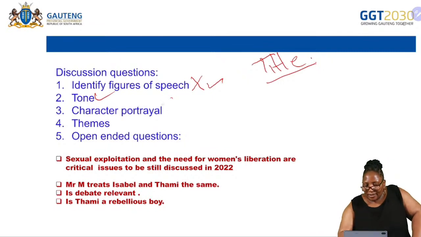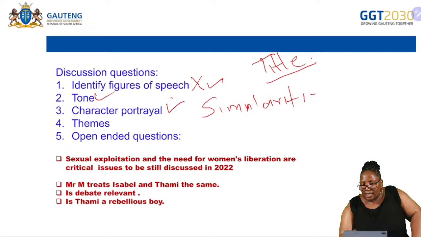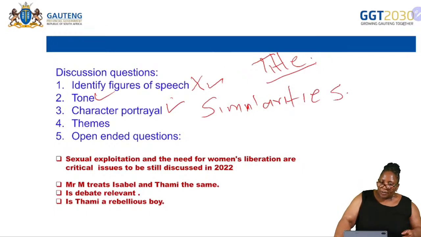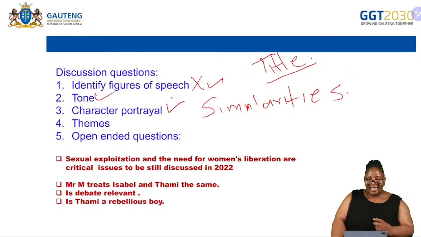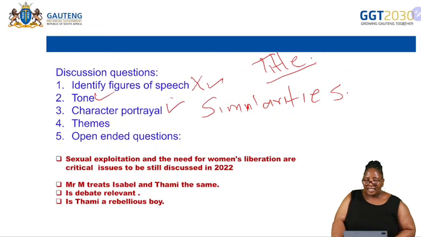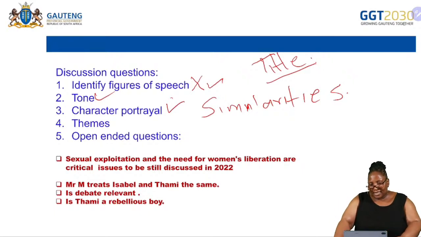Character portrayal. There are similarities that we could find between Tammy and Isabel. What are those? They are all committed. They are all eager and very intelligent debaters.